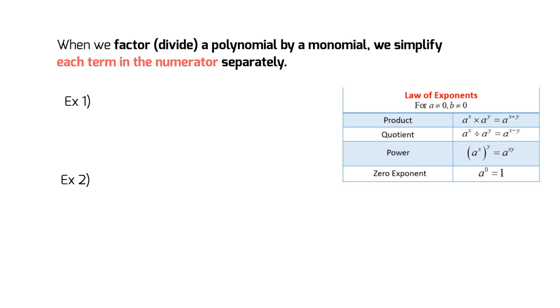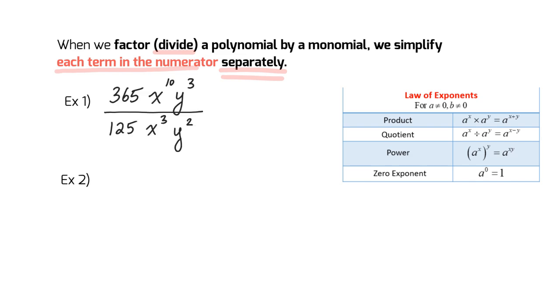When we factor or divide a polynomial by a monomial, we have to make sure that we are simplifying each term in the numerator separately. Here's an example. In this example, we have a monomial on top, 1 term, and a monomial in the bottom, also 1 term.